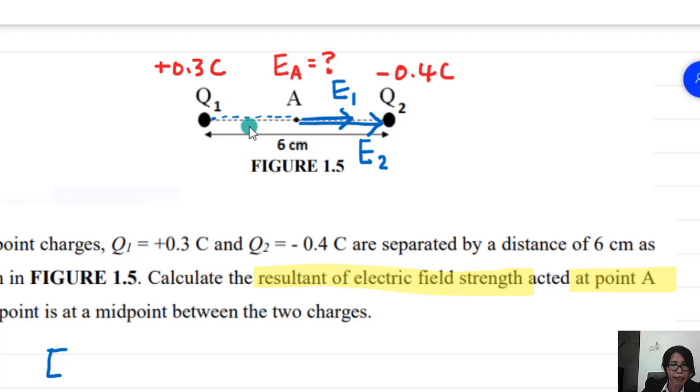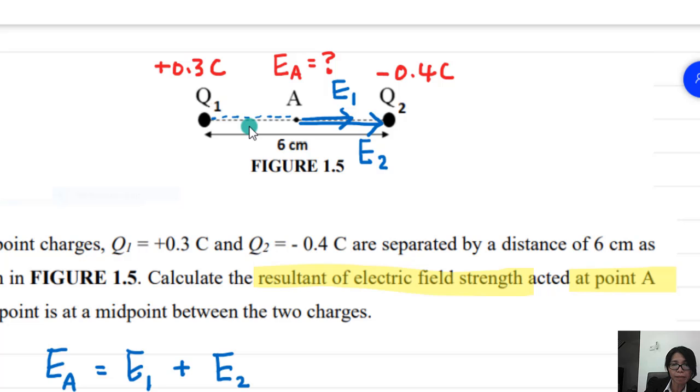So E at point A will be E1 plus E2. Why do we add? Because both point in the same direction. E1 and E2 both point towards the right, menghala ke arah kanan. So we add up both vectors.